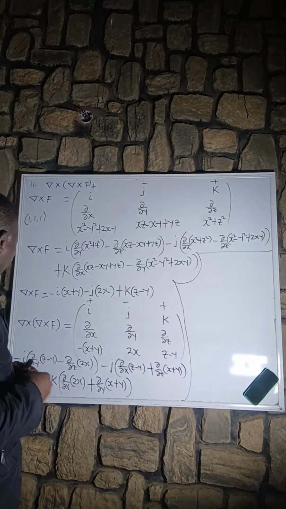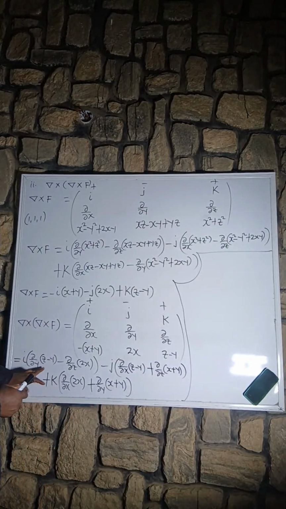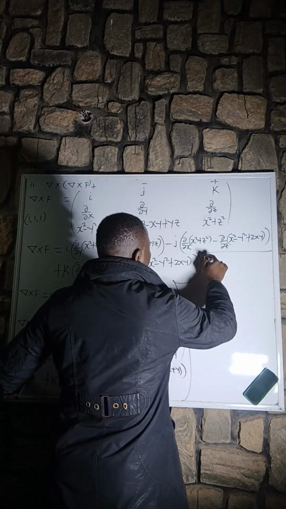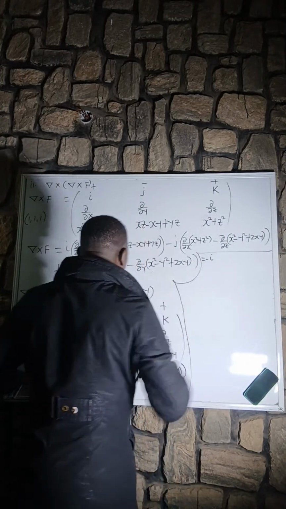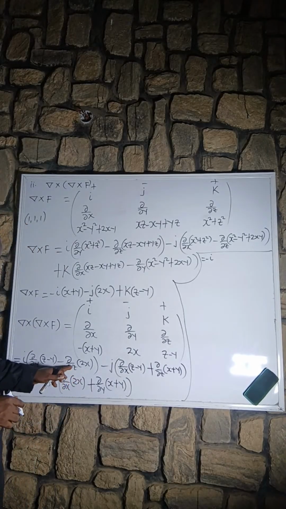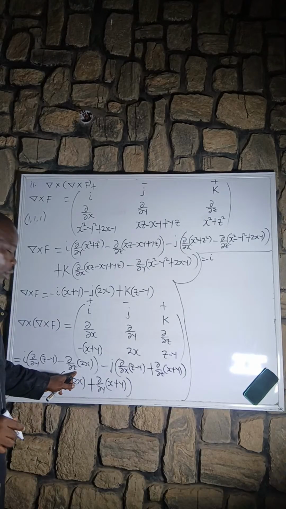So now this implies that we differentiate what is here with respect to y. This will be 0. This will differentiate minus y. You have minus 1, true or false? So here will be minus 1 times I, which is minus I. Then here, with respect to z, we have 2x, so here is 0, true or false?